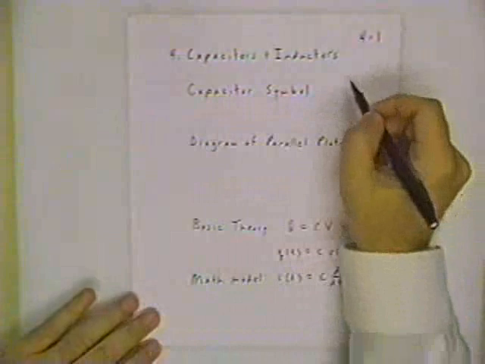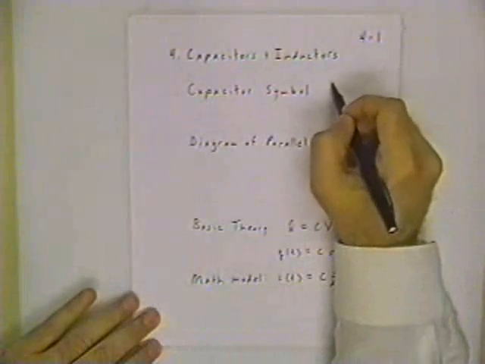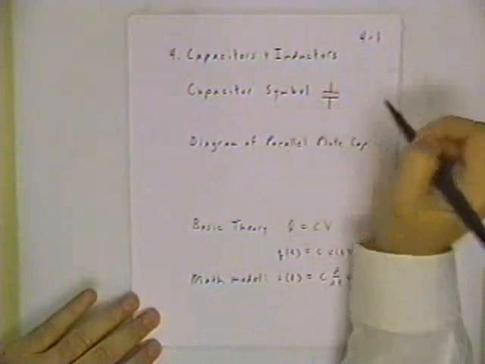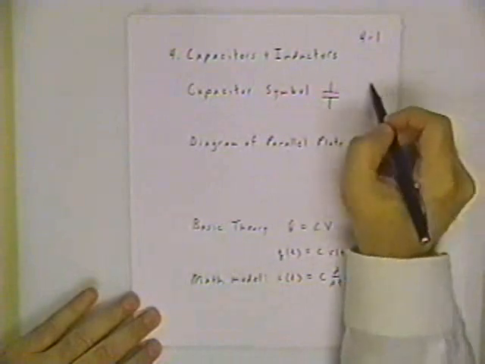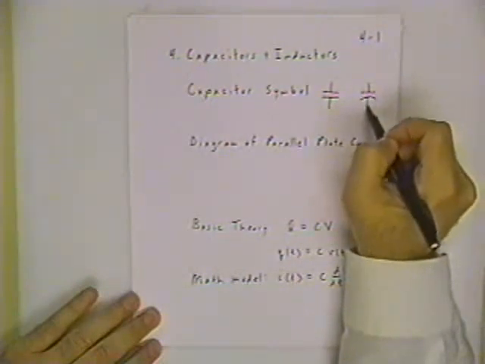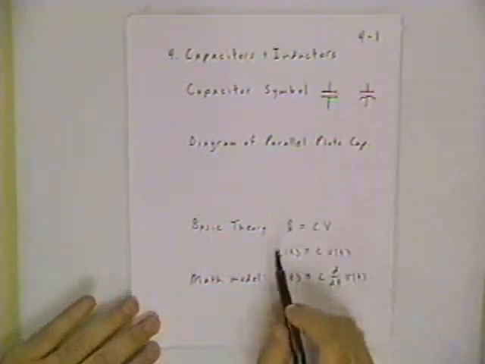First, the capacitor symbol traditionally has been very similar to the architecture of the capacitor, just a pair of parallel plates. Current practice is to make one of those plates curved, just so that you have less chance of confusing it with the battery symbol.